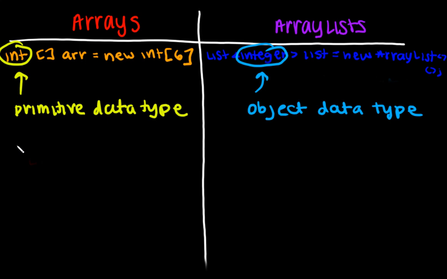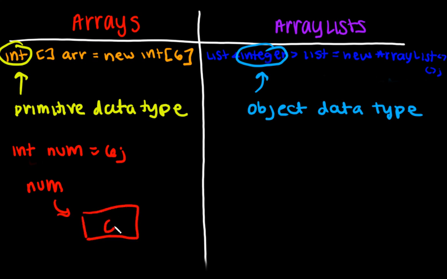So in primitive, if I declare an integer, let's say num, and I set it equal to 6, what it will do is that memory would create num and store the value in a box.